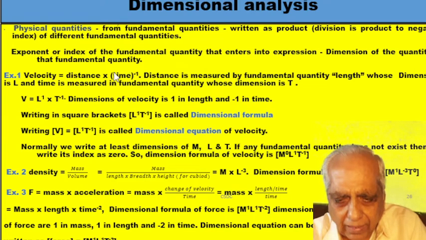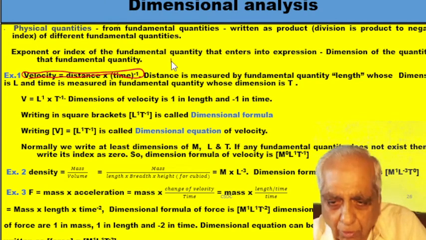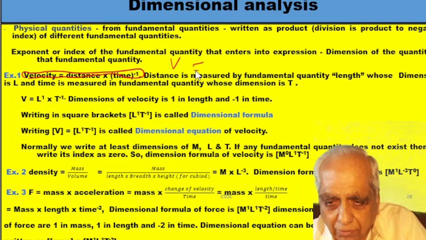This would be clear by a simple example. Velocity. You know, velocity is distance upon time. So I can say velocity is equal to distance into time raised to minus 1.